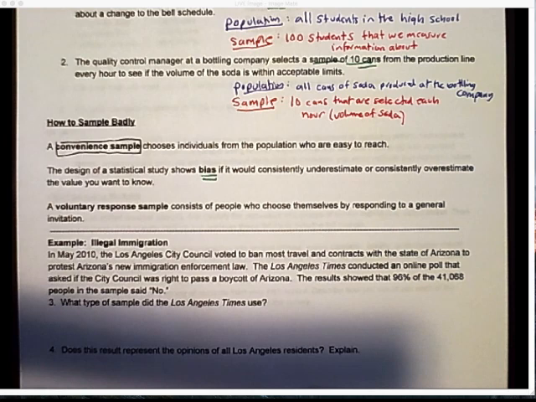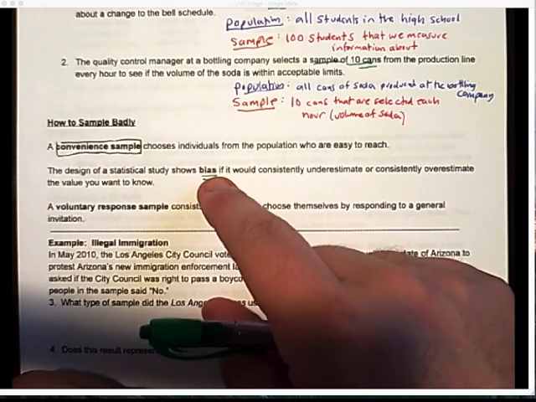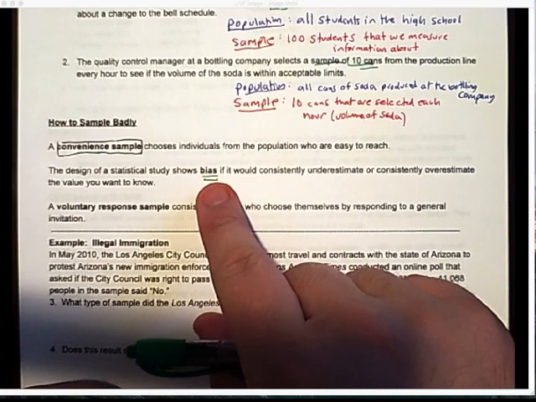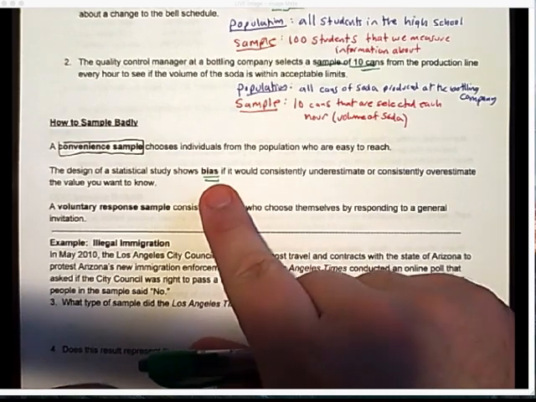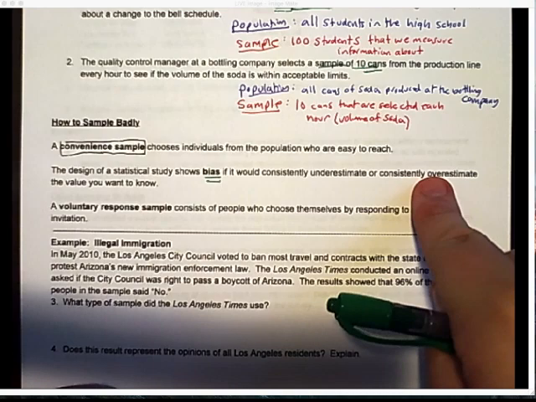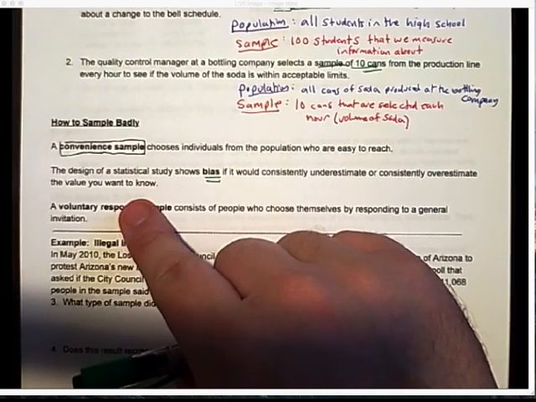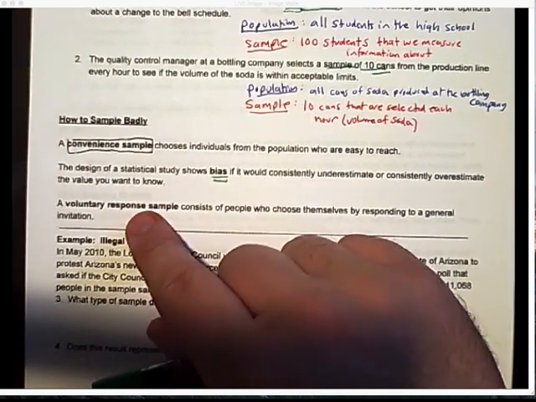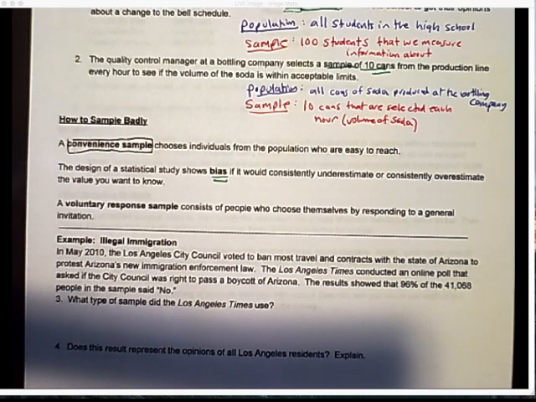So for instance, if you want to know what the average income or the average salary of the typical American is, and your sample only contained professional athletes, that would be a sample that has bias, because if you just choose professional athletes to sample, it's going to consistently overestimate the value of salary that we want to know, because professional athletes are paid way more than the typical American.